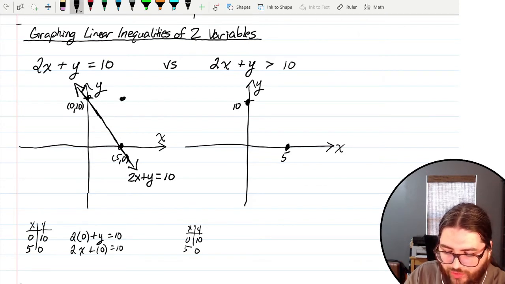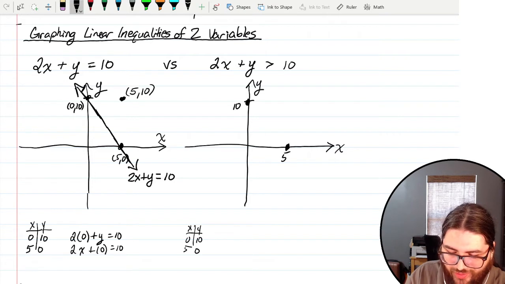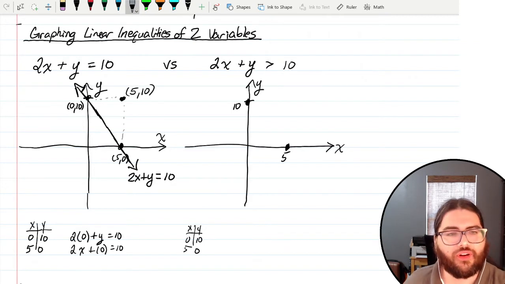I know this one is out here on outside of the line. I'm going to pick 5, 10. And that's just because 5, 10 is using the points from before, but together now.